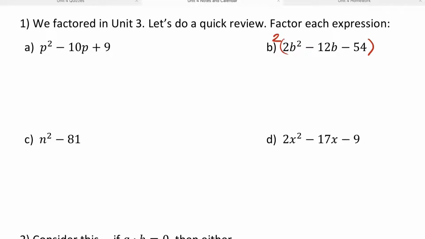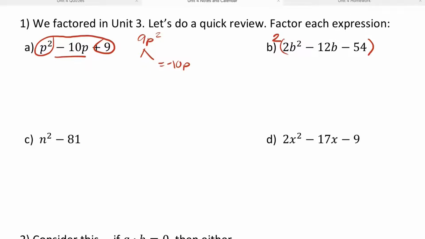After that, we would do our glasses, where we multiply the first and last term, 9p squared, and we'd need to find two things that would add up to give us our negative 10p. So two things that multiply to give us 9 and add to give us negative 10.